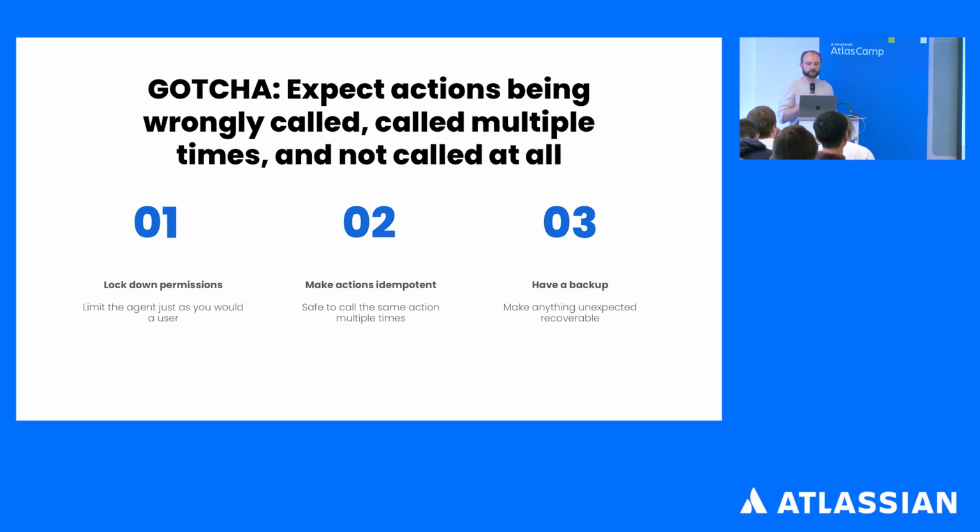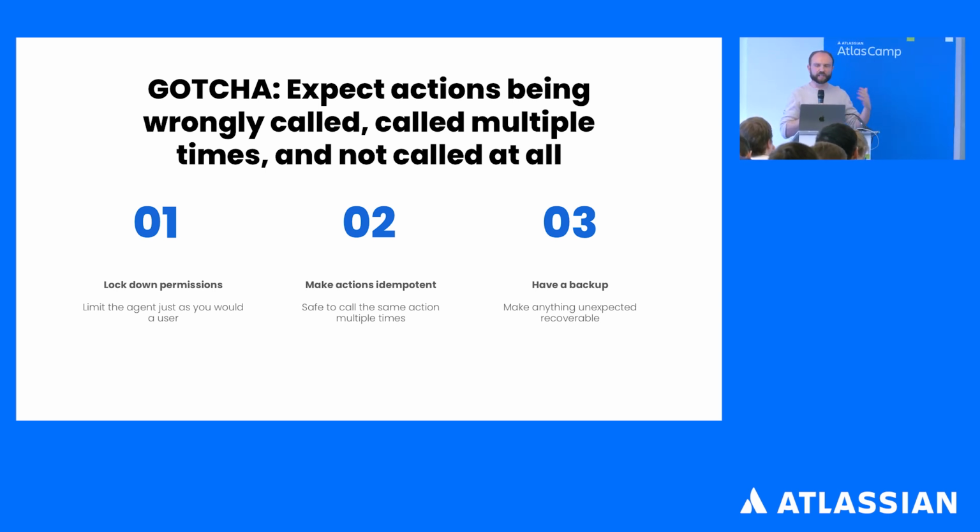The number 2 is to make actions idempotent. So you can expect that your action is going to be called twice. If it's delete, let's say a Confluence page, you can expect it to try and delete the same page twice or something like that. So think about how you give it that understanding and make it idempotent, so it doesn't fall over when it can't delete the page because it already did.